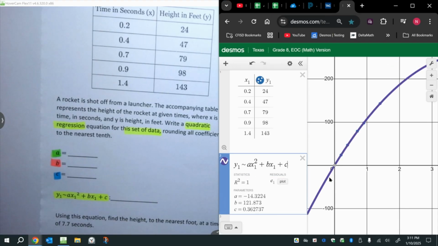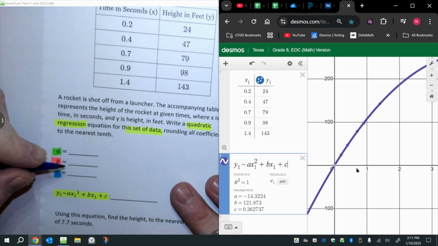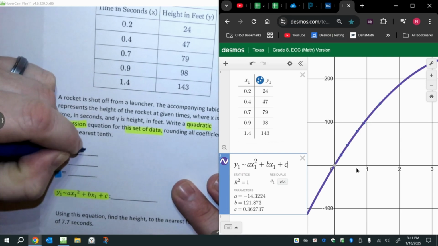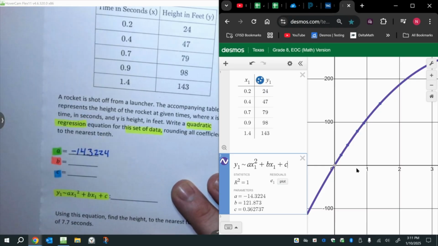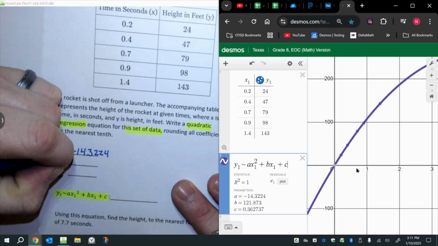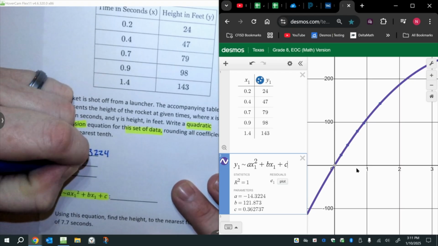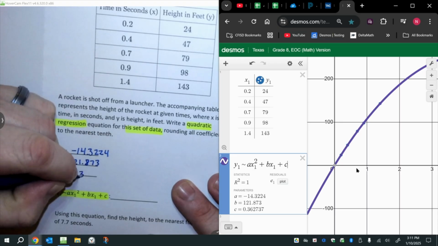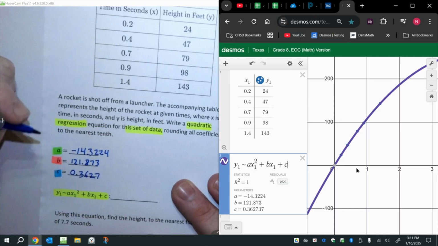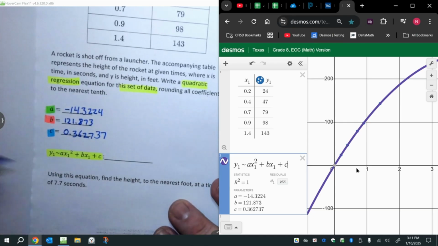There we go. And it goes right through our dots, so awesome. A, negative 14.3224. B, 121.873. C, 0.362737.